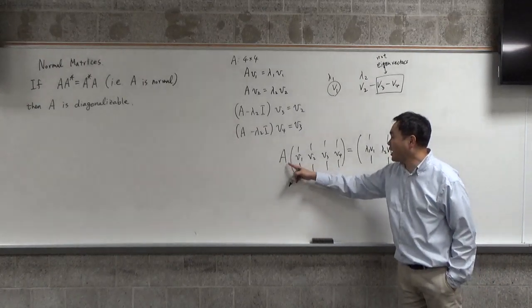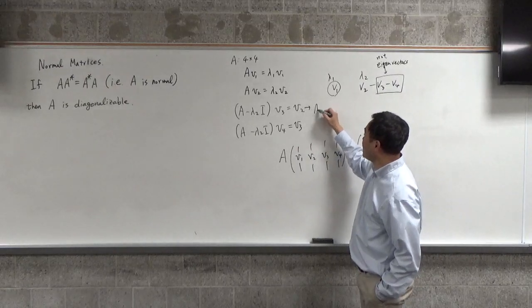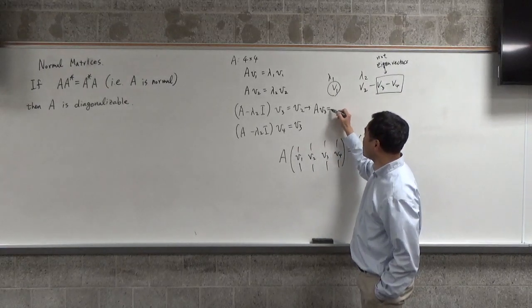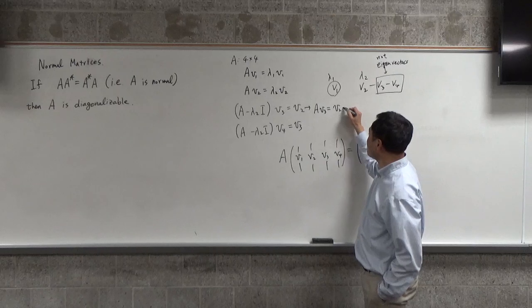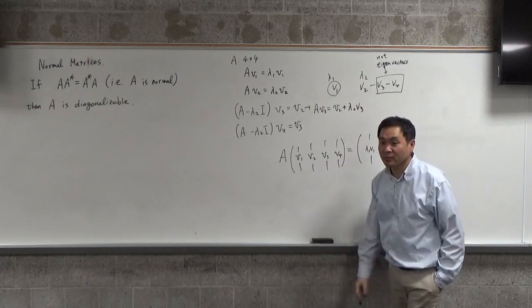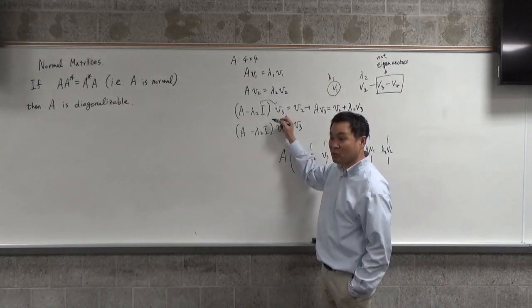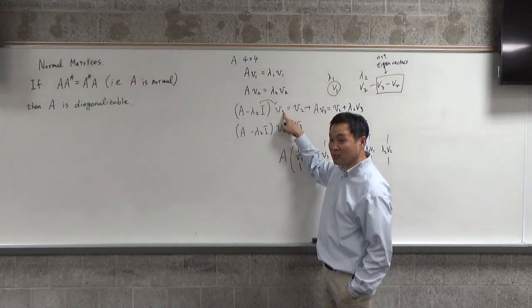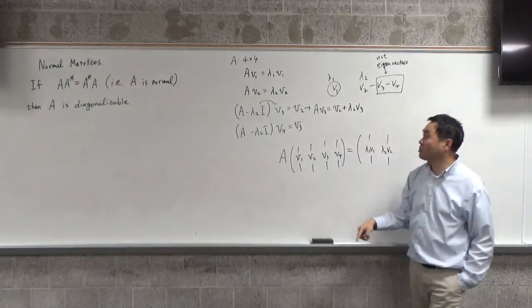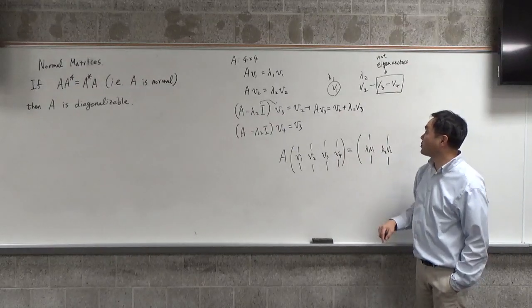But now let's see what A times v3 is. What does this say? This says that A times v3 is equal to v2 plus lambda 2 times v3. Isn't that right? Because if you multiply this with this, it's just lambda 2 times v3. The identity doesn't do anything to the vector. So you have that, and then if you move this to the other side, this is what you get.